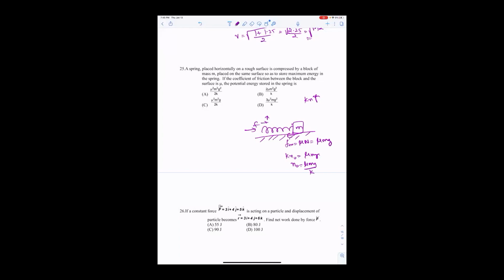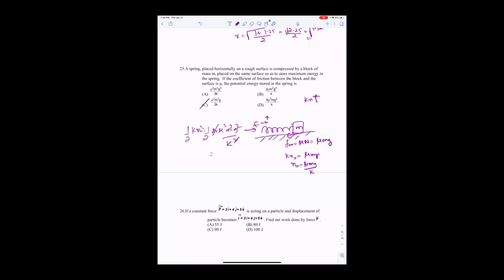So the maximum potential energy is half k x naught squared. So it is half k into mu square m square g square by k square. So mu square m square g square by 2k. Should be 1k.